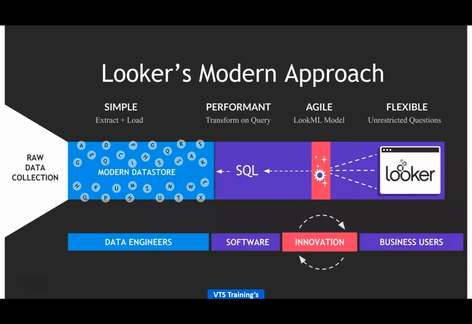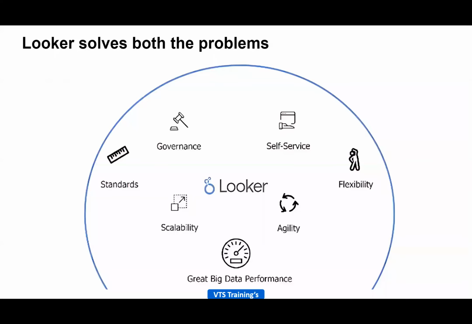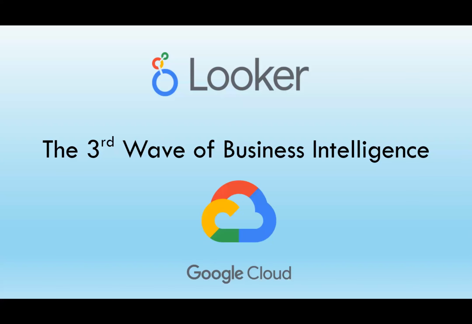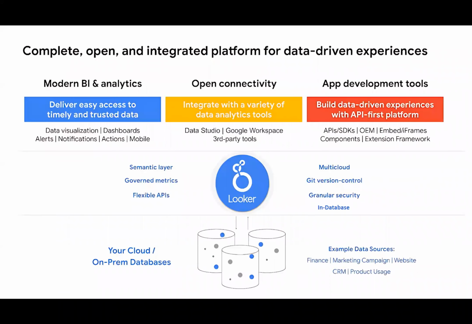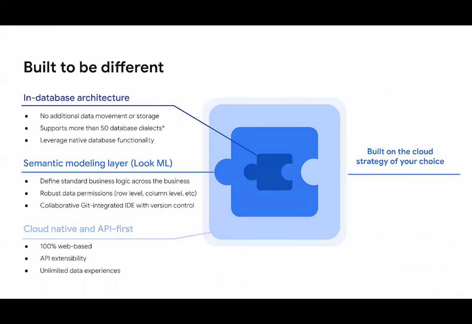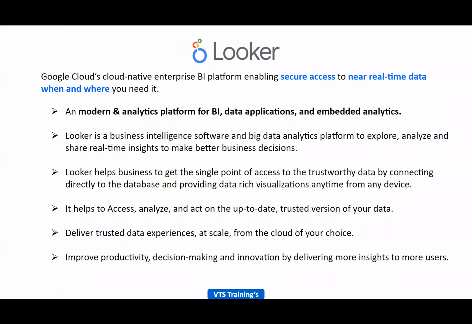Looker speaks SQL, but it is driven by LookML code. Tomorrow we will see what third wave business intelligence is, about Looker, the Looker platform, and how it is different from other BI tools. Clear, guys?